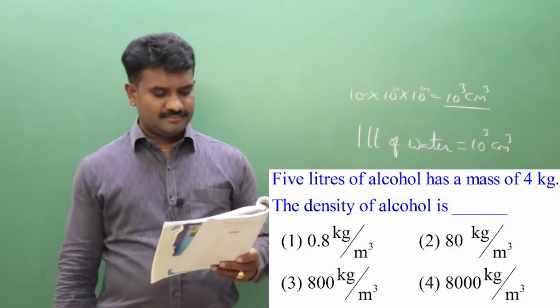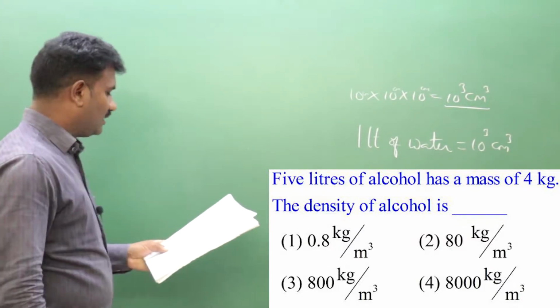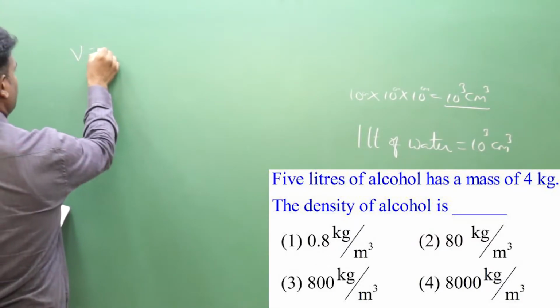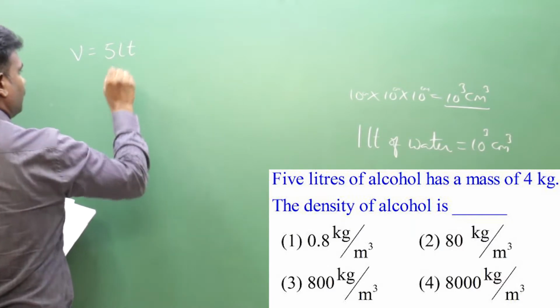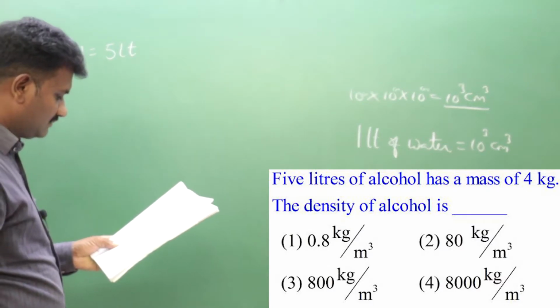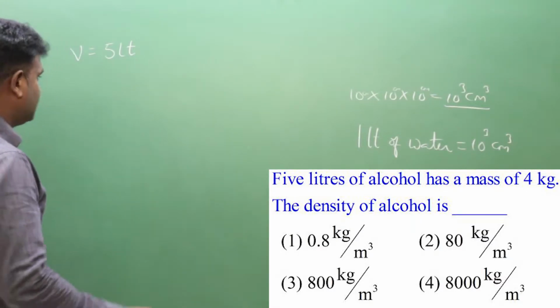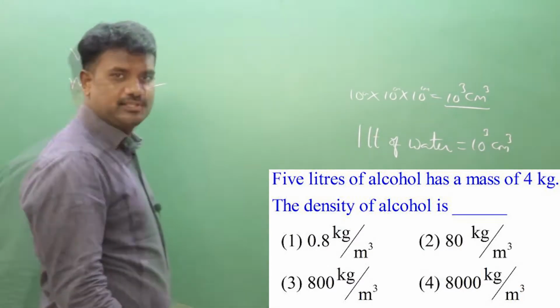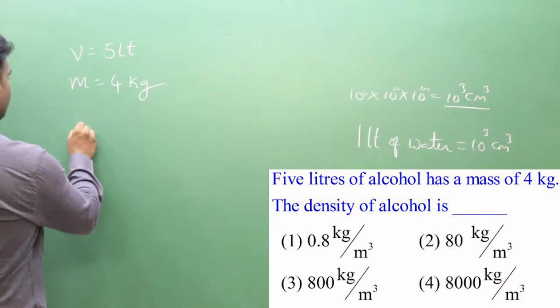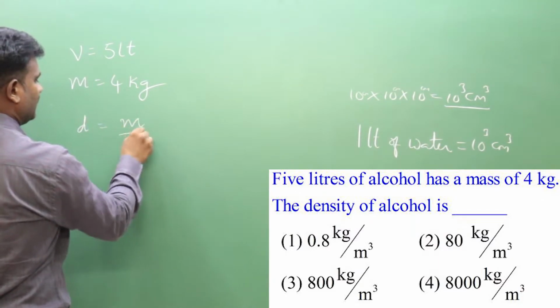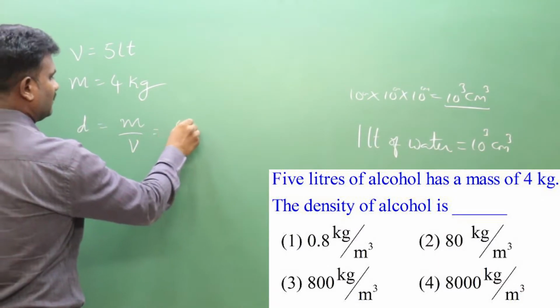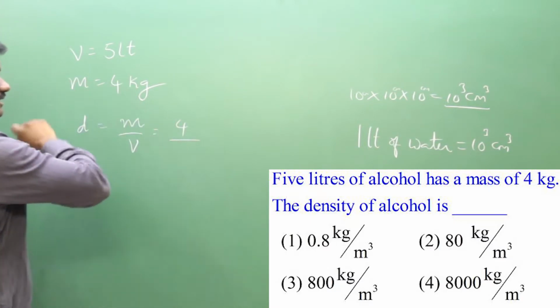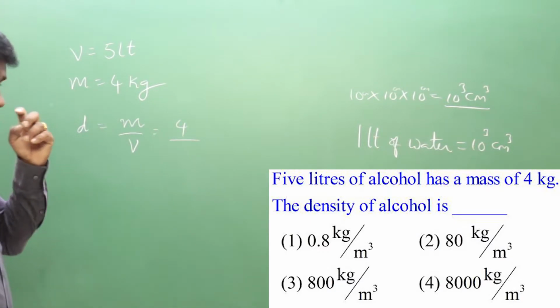Next question. 5 liters of alcohol has a mass of 4 kg. What is the density of alcohol? Density is equal to mass by volume. The mass is equal to 4 kg. See, this is in SI system, kg.